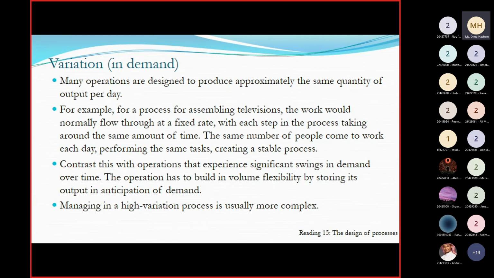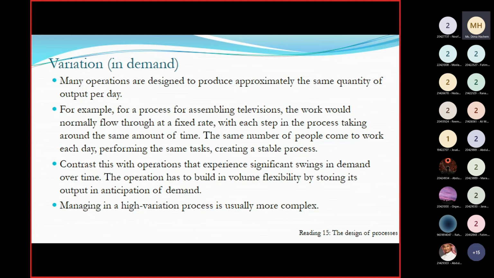You will use your forecasts. You will make some guesses about how much you will sell every day. Of course, al-bake is a fully integrated business, masha'Allah, and they know exactly how much they need to sell. But we are giving examples of any other shop.